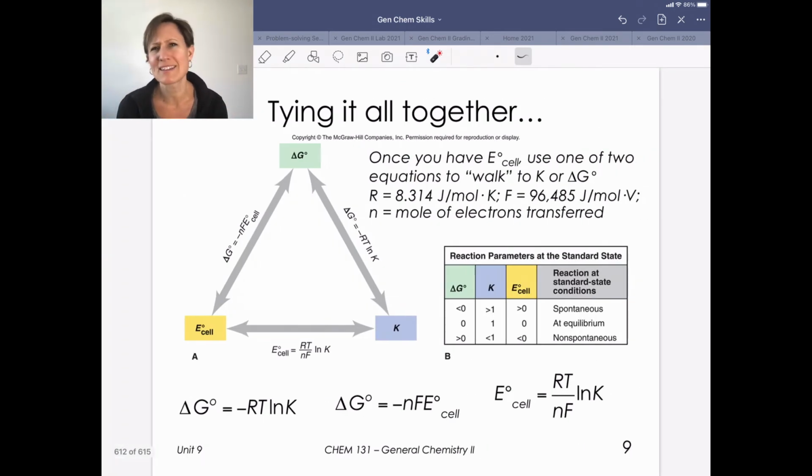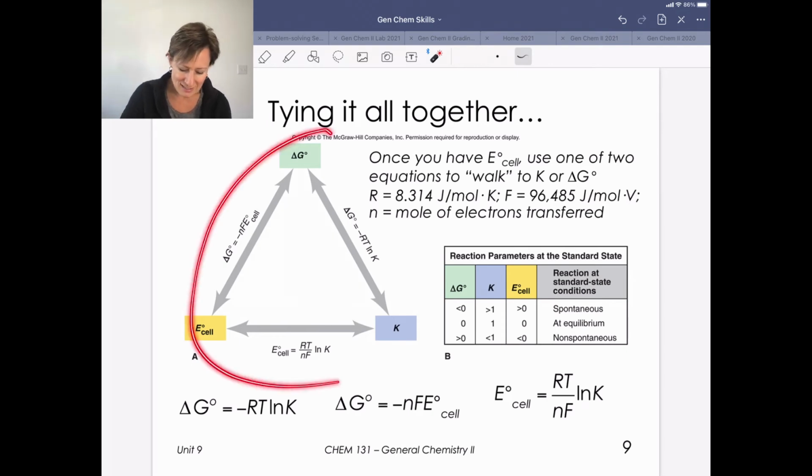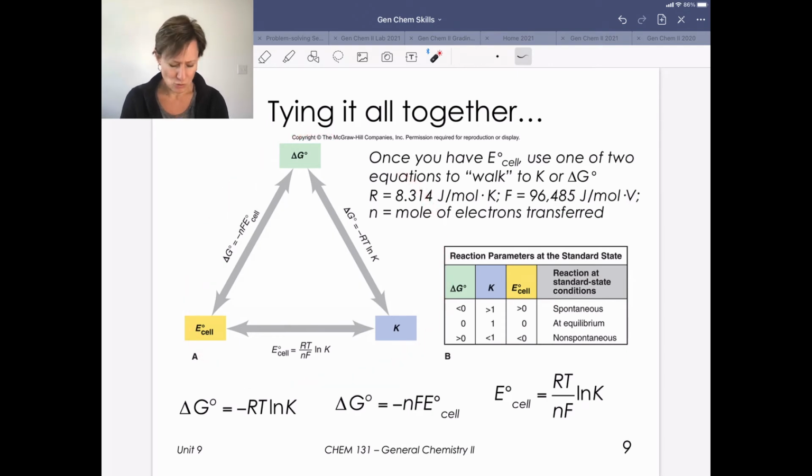All right, so let's tie this all together and learn a couple of new equations that allow us to relate things that we've learned from previous learning units. Okay, so this is not really around the block, it's more around the triangle here, but we've learned about free energy, right? We've learned about equilibrium.